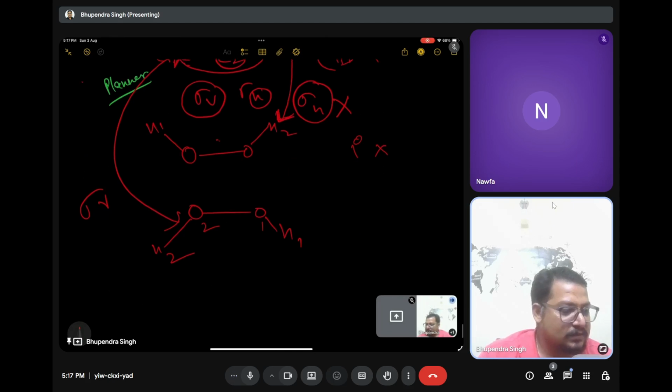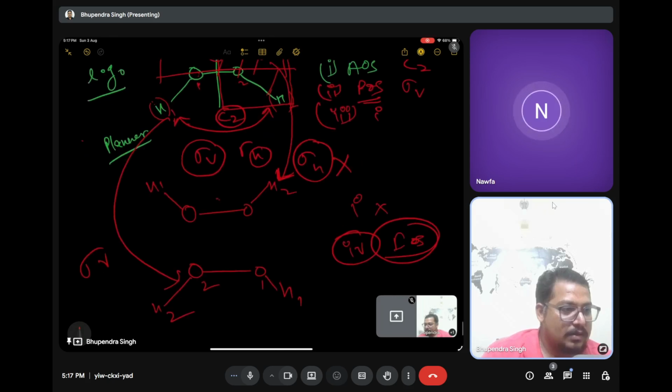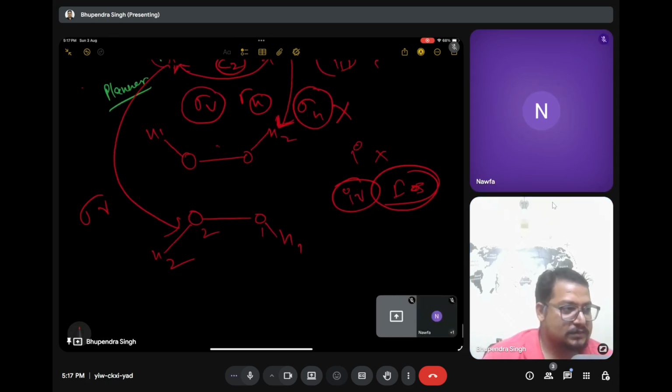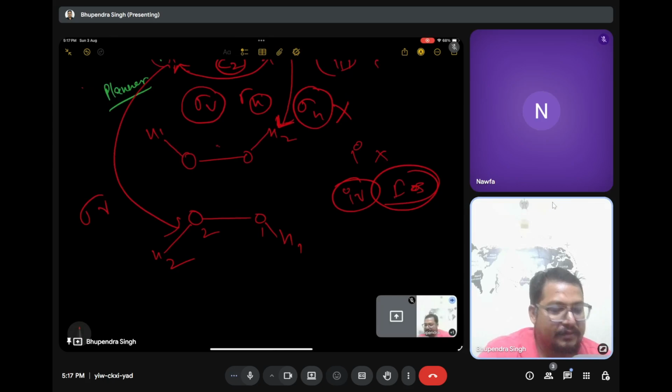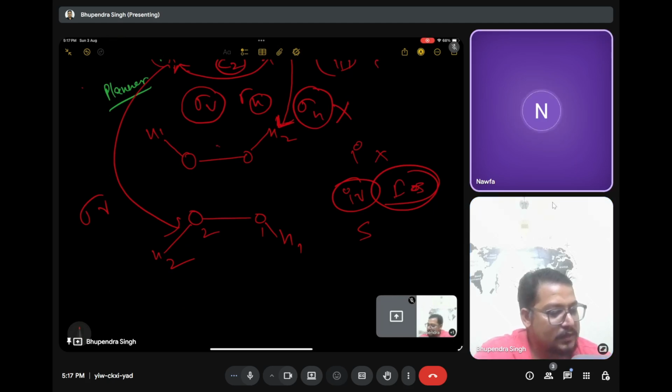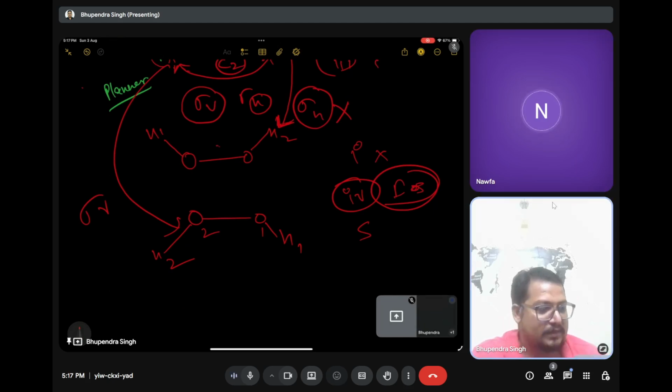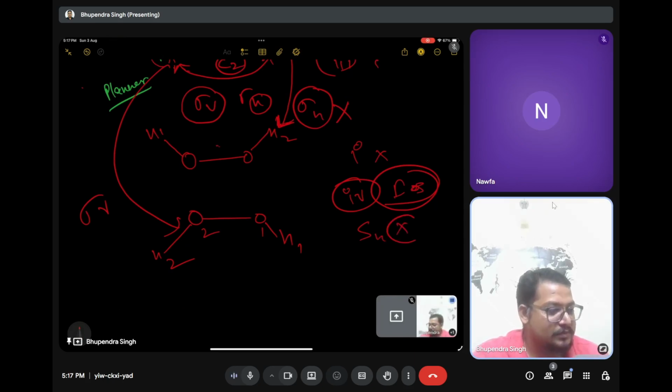Next, fourth number: improper axis of symmetry. Is it present or not? Yes, because sigma H is missing, that is why Sn is not present.